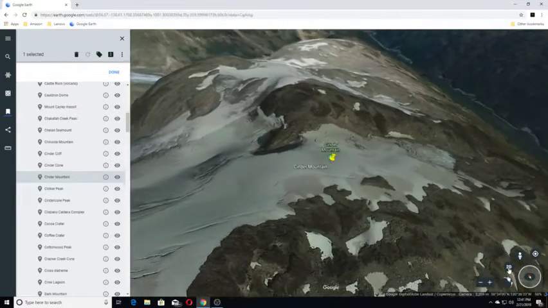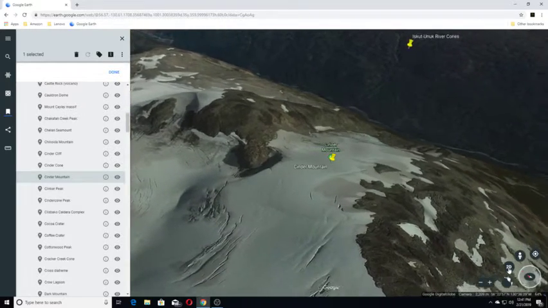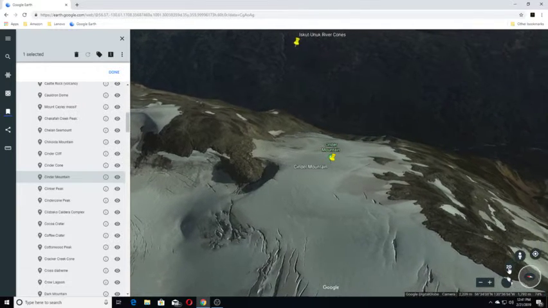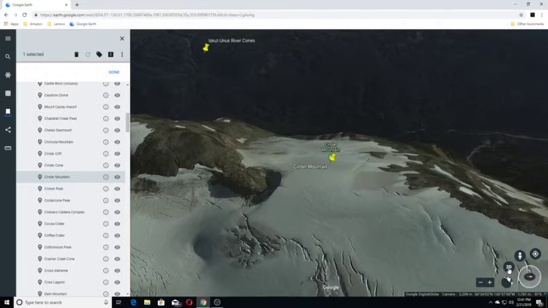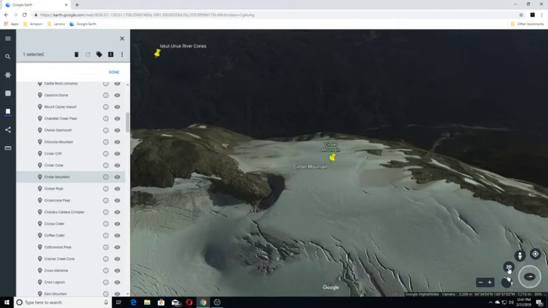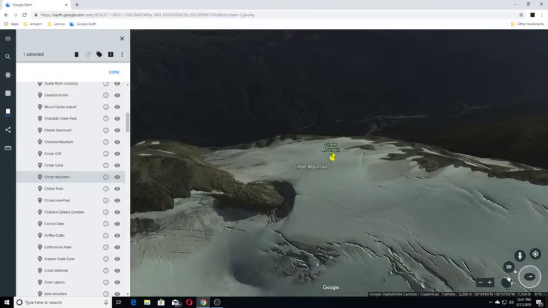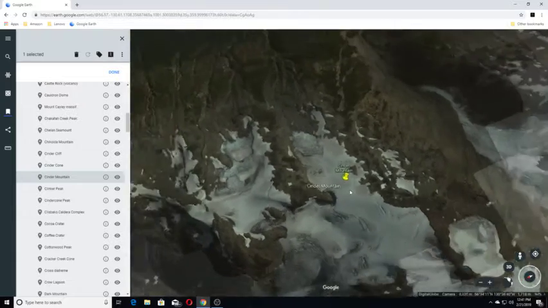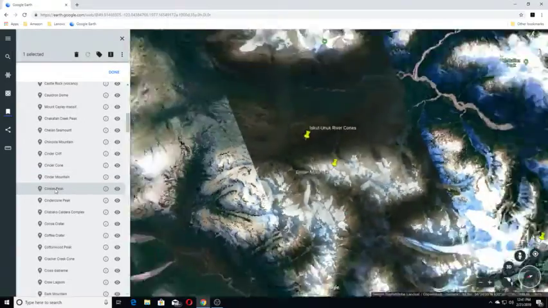And here we go, here's a view. Clinker Peak.